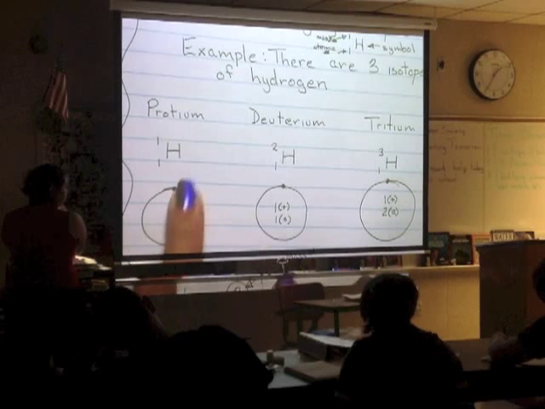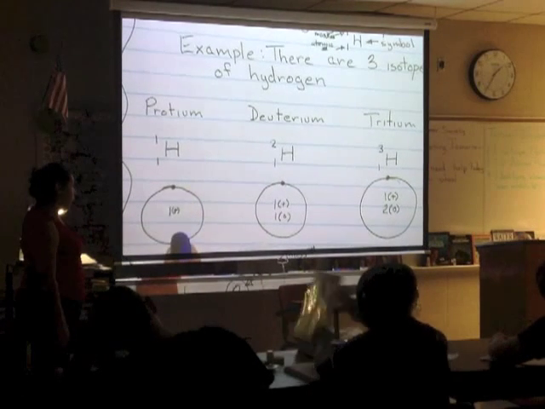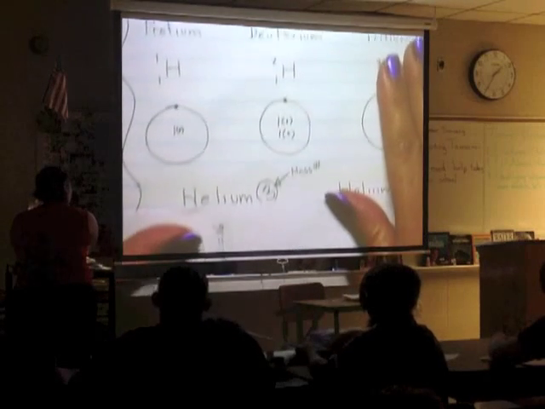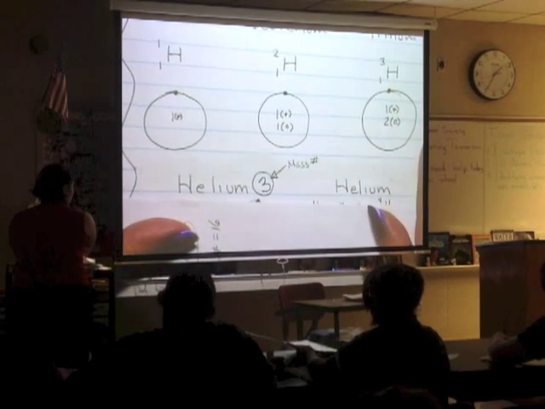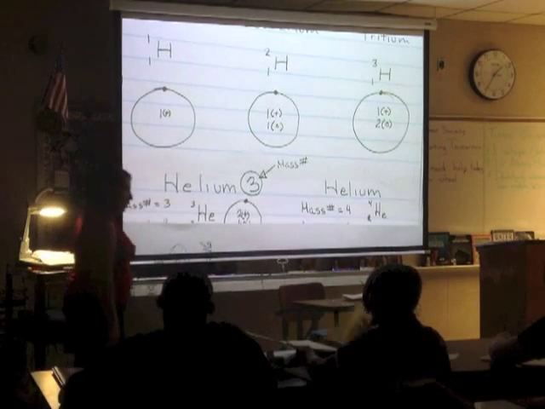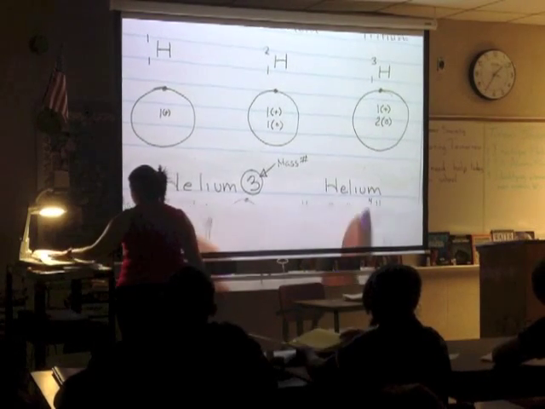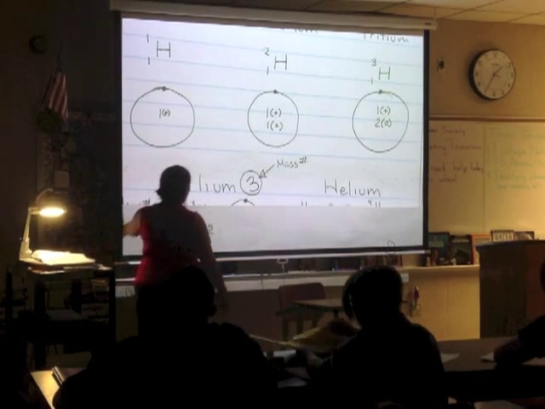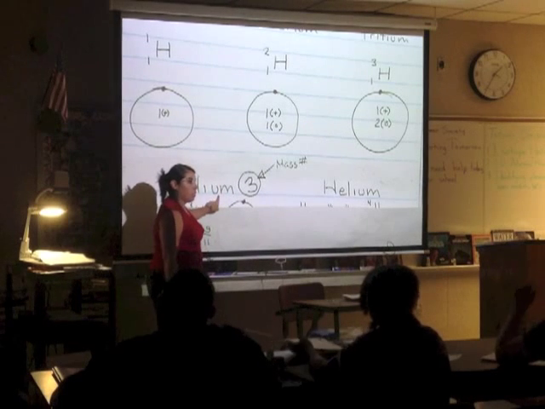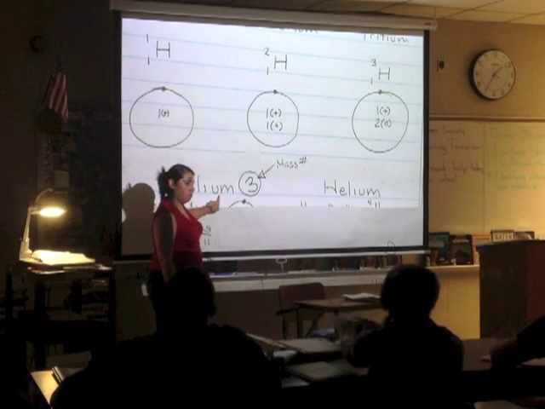Okay? So, let's practice a different way of drawing isotopes. So sometimes I'm going to give you the isotope notation and you can draw it like this. Pretty simple, right? Sometimes I'm going to give you the long way of writing isotopes, which is like this. Helium-3. I tell you the name of the element.